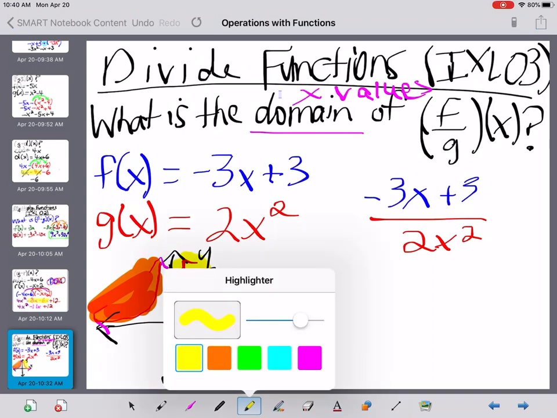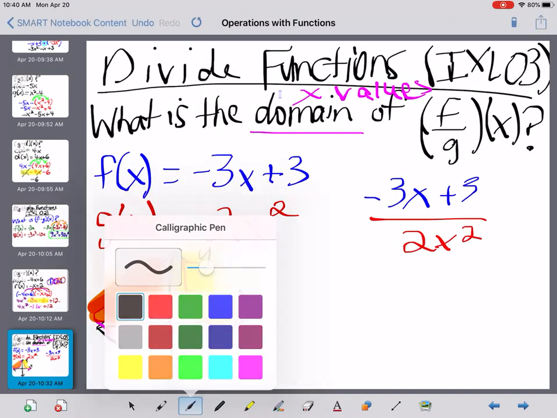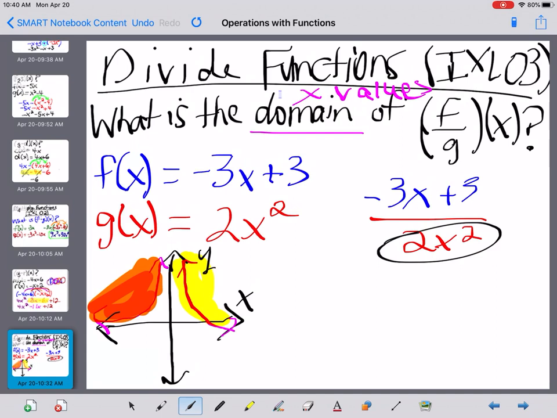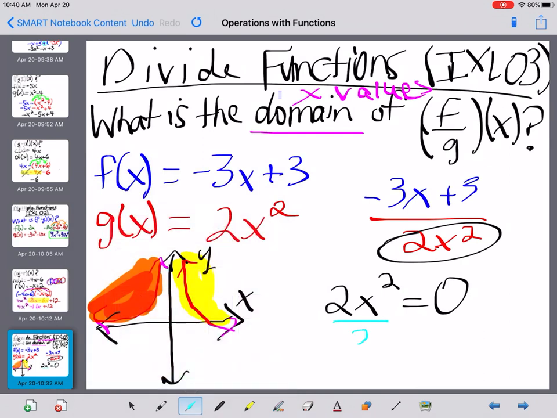But if you didn't want to do all of that work, you don't really have to, because all you really have to do is take whatever's on the bottom and set that equal to 0 and solve it, just like we did earlier on in the school year. So first, I want to solve for x, so I would divide both sides by 2.